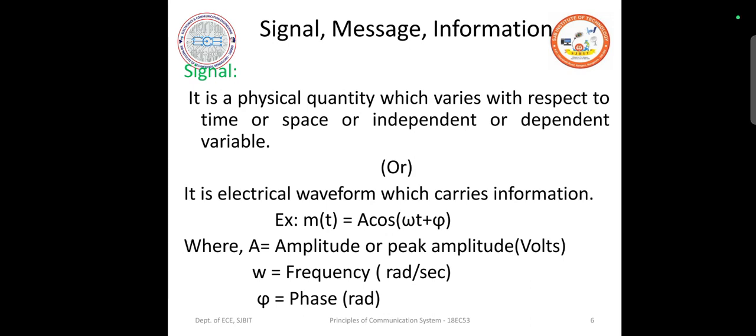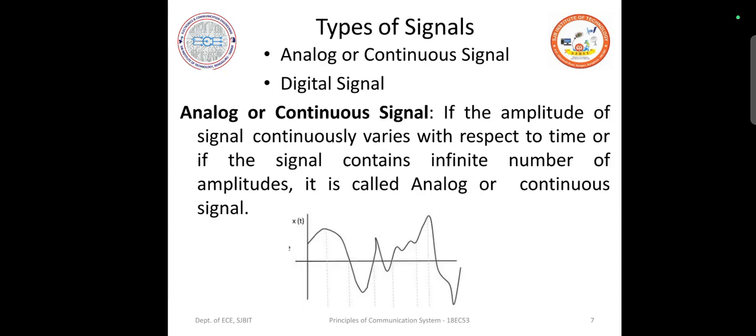Okay, so moving on to the next, what are the basic two different types of signals? Understanding this is also important. There are two different types of signals. One is analog or continuous signal. Second one is a digital signal. What is an analog or a continuous signal?